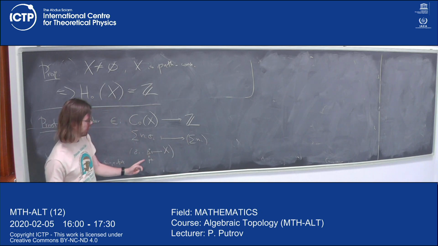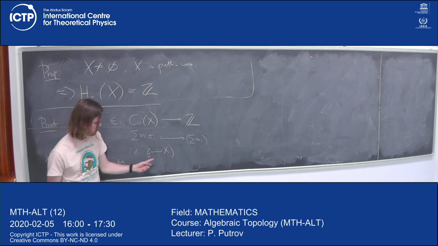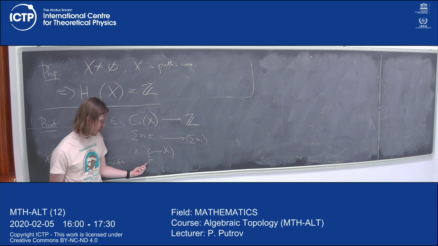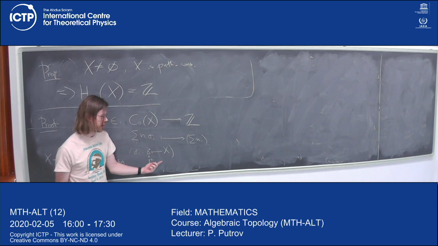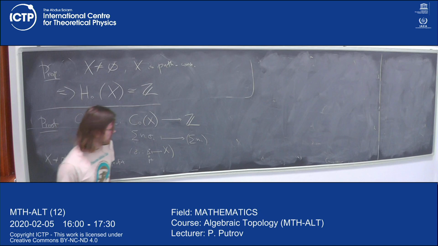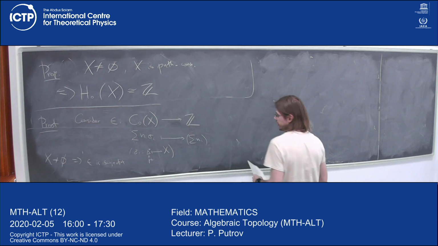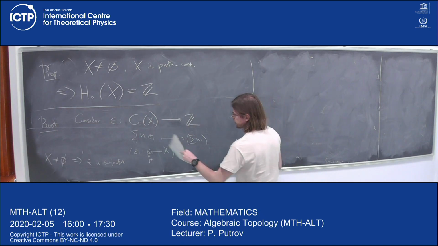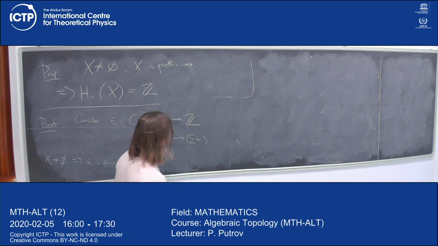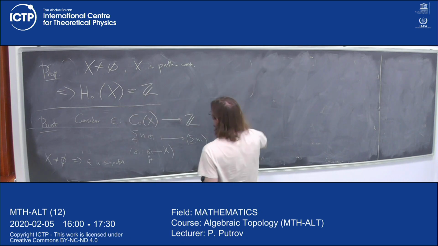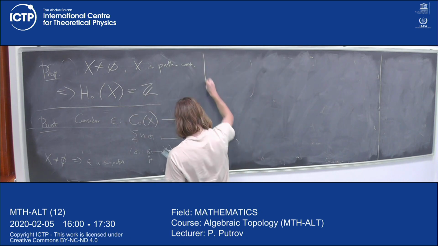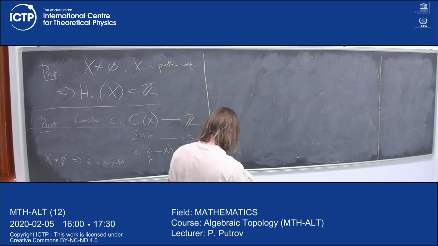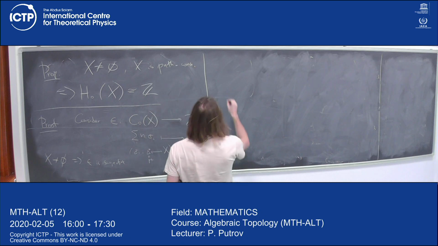If X is non-empty, there always exists a map from a point to a non-empty space, and we can just take any such map with coefficient 1. So this is surjective.